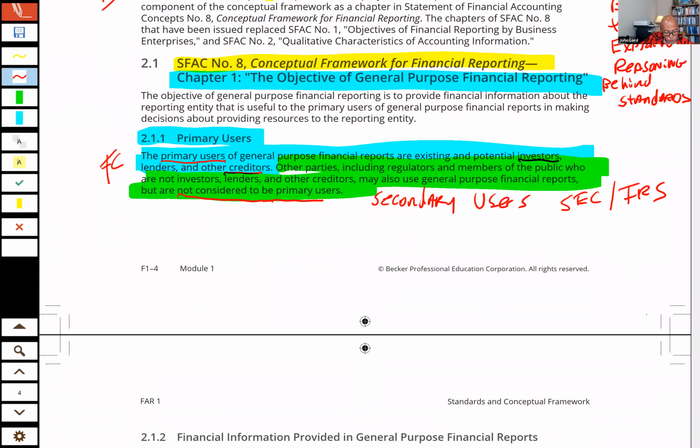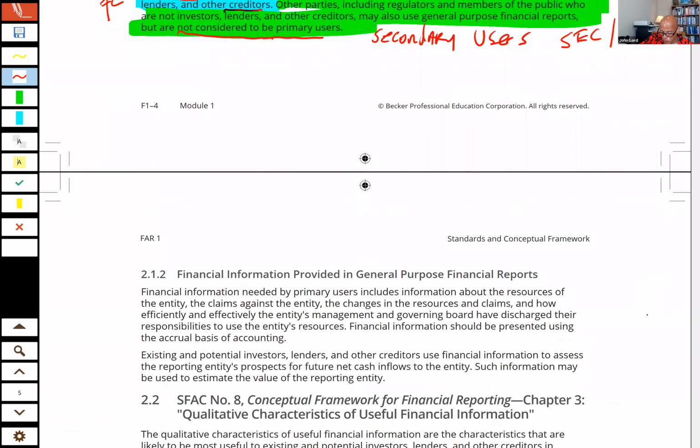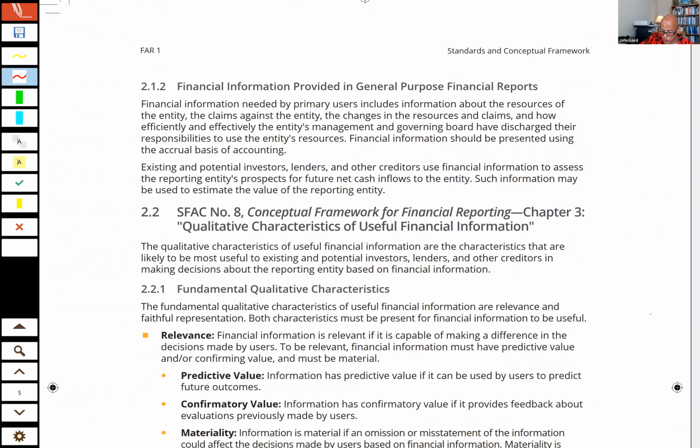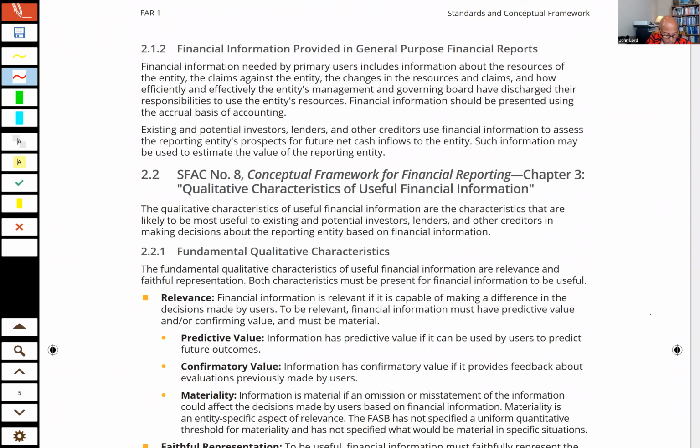Okay, so we have our users, and now we want to provide them information. So when you start getting into chapter 3 of concept statement number 8, and by the way, guys, you don't have to know the chapter numbers or anything like that, but in chapter 3, they start talking about the characteristics of information that will help these users to make their investment and credit decisions.